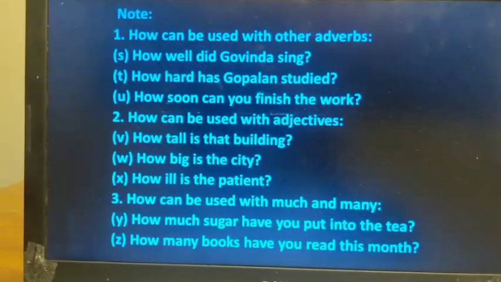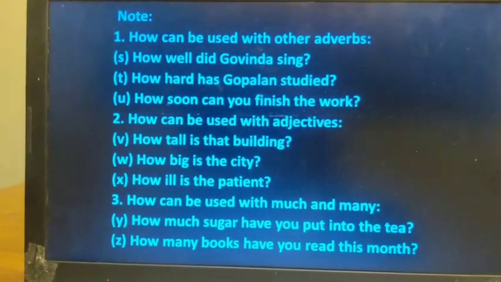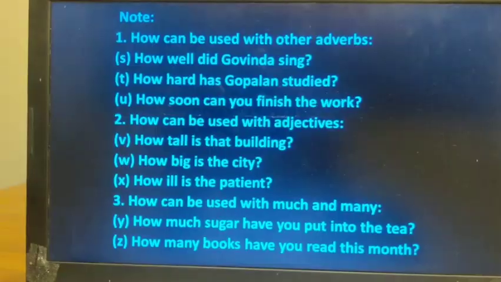How much sugar have you put into the tea? How many books have you read this month? Right? So students, in this chapter we have studied adverbs in their four types. First, adverb of degree, that is extent: to what extent something is done. It can qualify an adverb, an adjective, or another verb.